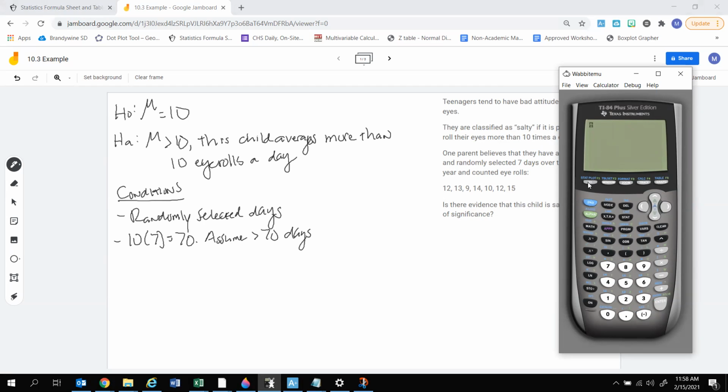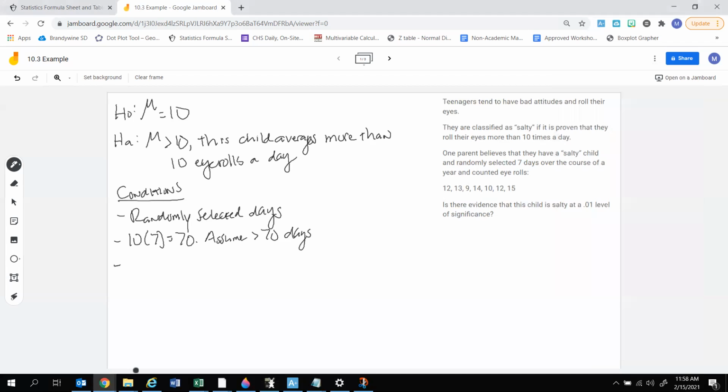But the better way is to go into second stat plot, and this last option right here is the normal plot. We're looking for a linear-like pattern here. If I do zoom 9, it looks pretty good. So we're going to use the normal plot.